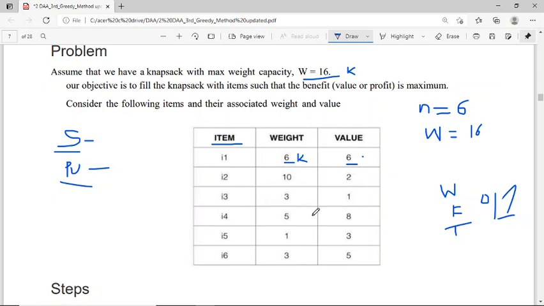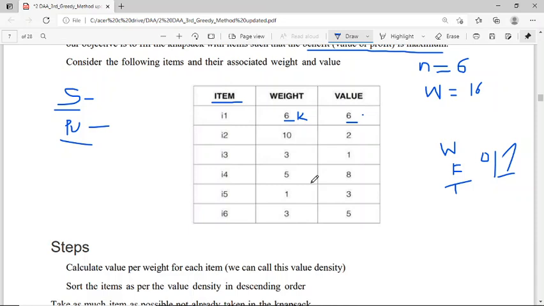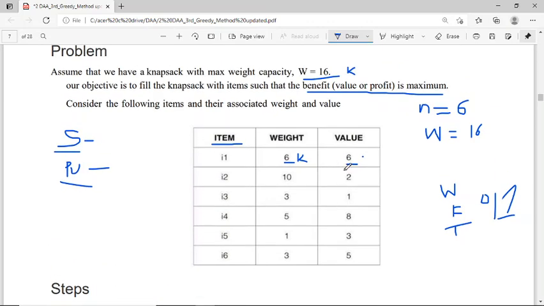Now what is our question? We need to get the maximum value or maximum profit. How are we going to get the maximum profit? We cannot say which one is the maximum, which one I should take first.